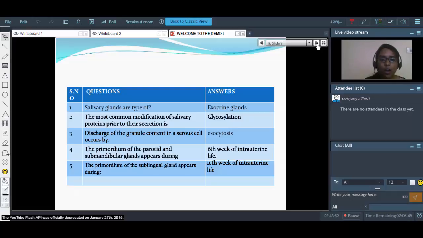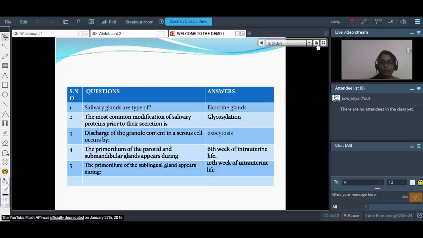The most common modification of the salivary proteins prior to their secretion is glycosylation. What does glycosylation mean? It is a biochemical reaction which occurs in the salivary gland. Next, the discharge of the granular content in a serous cell occurs by exocytosis. What does exocytosis mean?